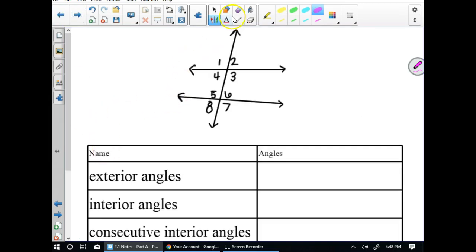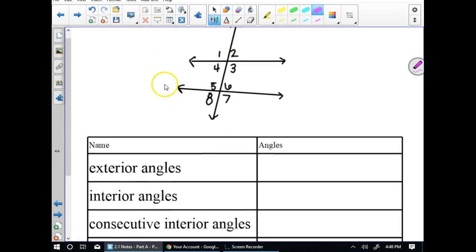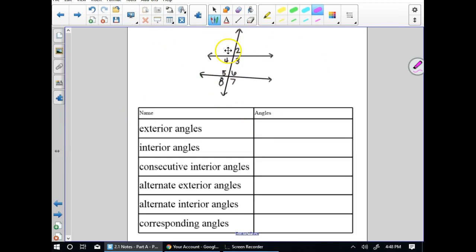So whenever we have a transversal that crosses two or more lines, we have special angles that we're going to be concerned with. I've got this picture here, and I have labeled all of these with numbers.